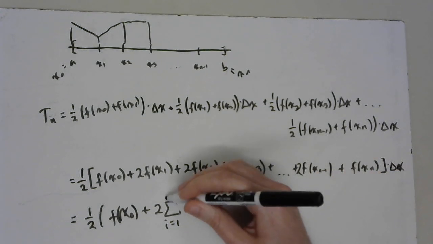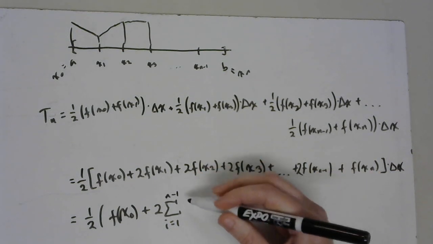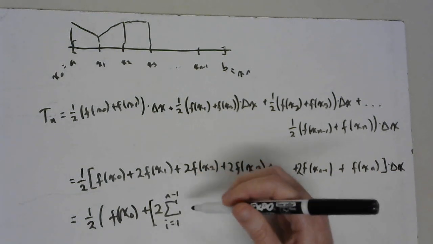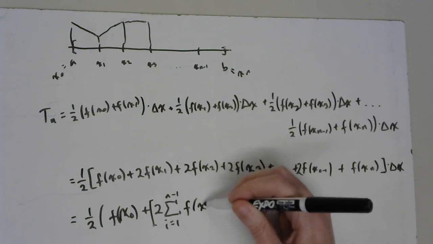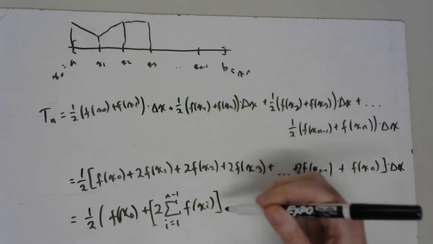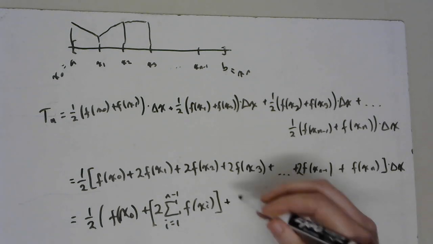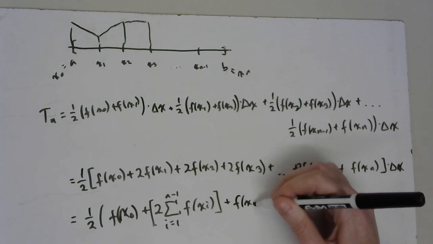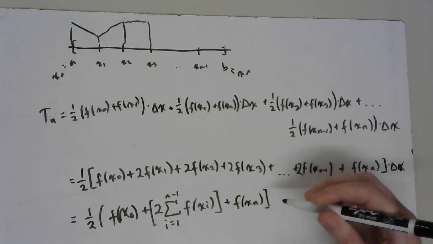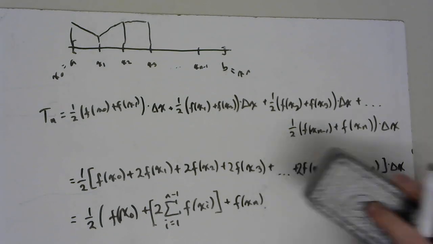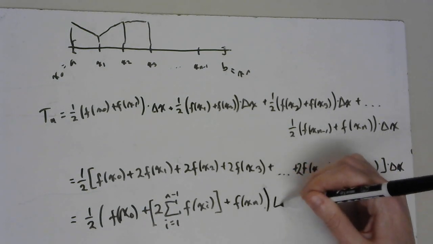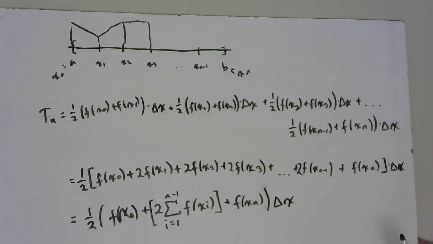We end at n minus 1. That would be f of x sub i. And then we still need to add on our last f of x sub n, and then better match my parentheses, multiply by delta x at the end.